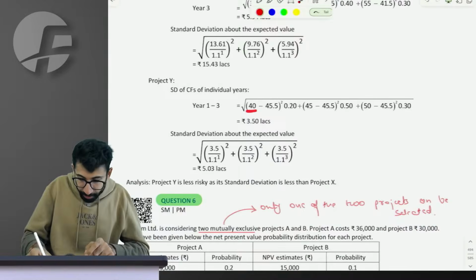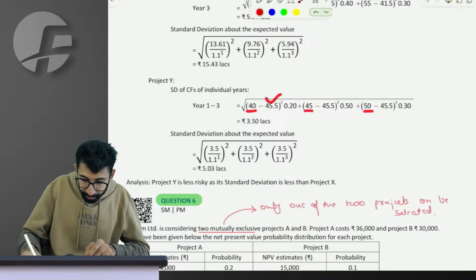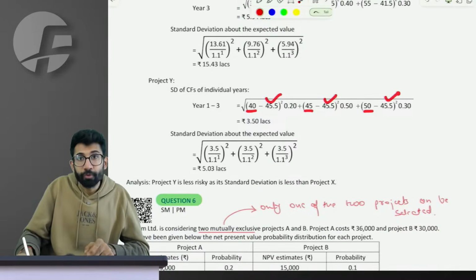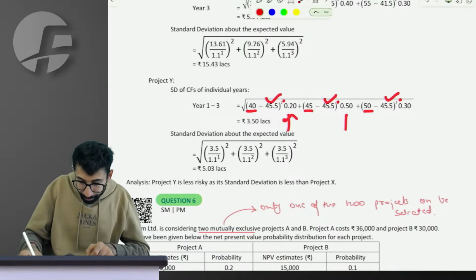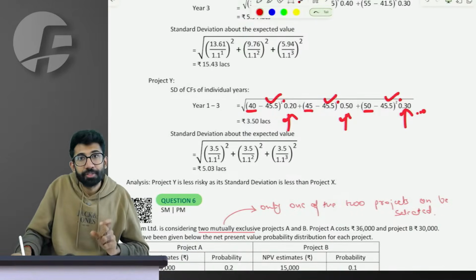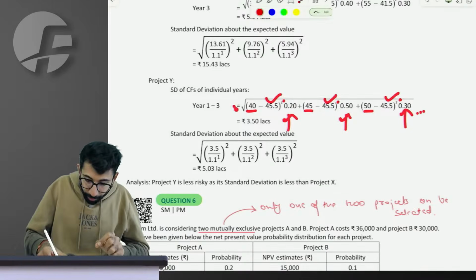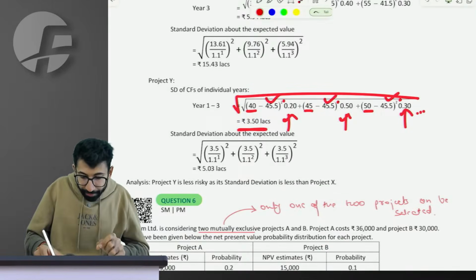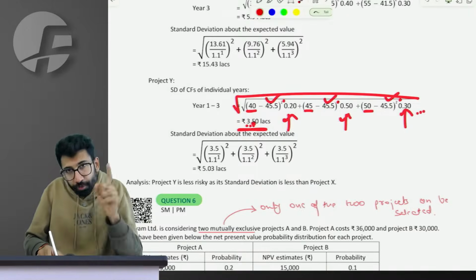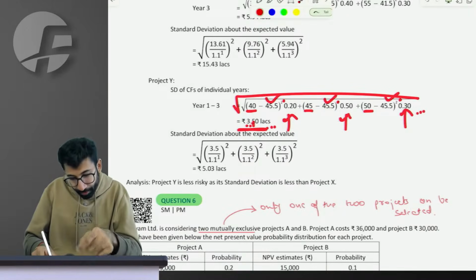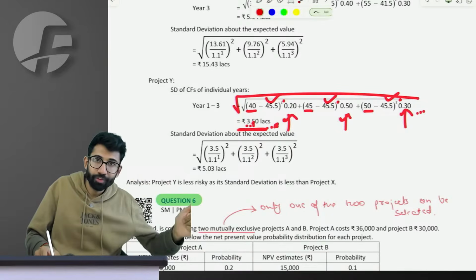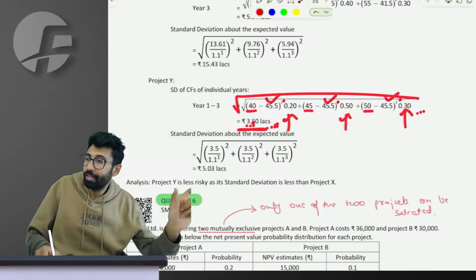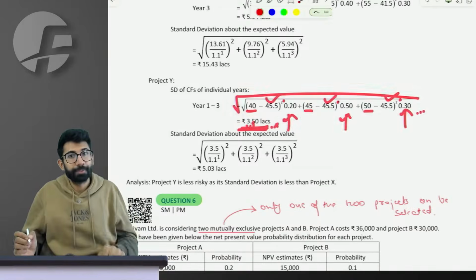So possible cash flows minus the expected cash flow at a squared level, with the effect of probability of 20, 50 and 30%, and when you underroot it you finally get the standard deviation of cash flows of every year as 3.5 lakhs. For the next 3 years, since I have the same distribution of cash flows, I'll have the same standard deviation of 3.5 lakhs every year.